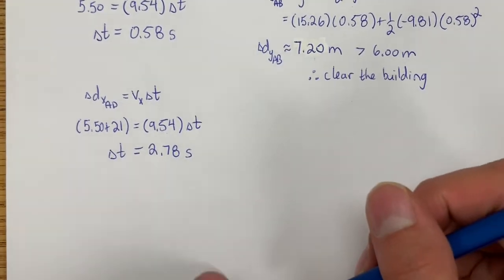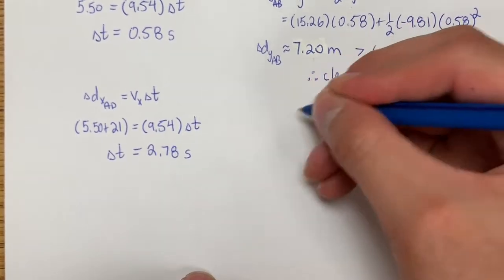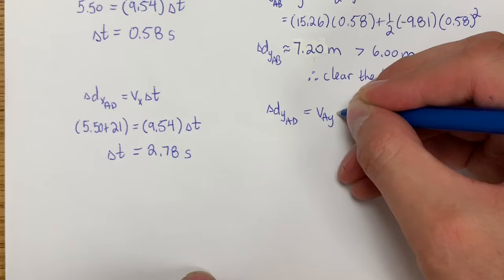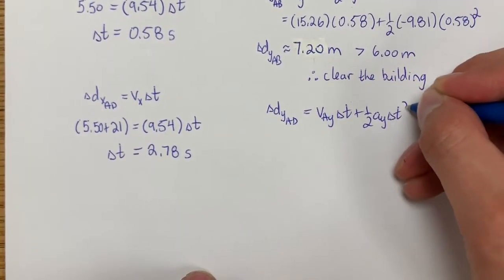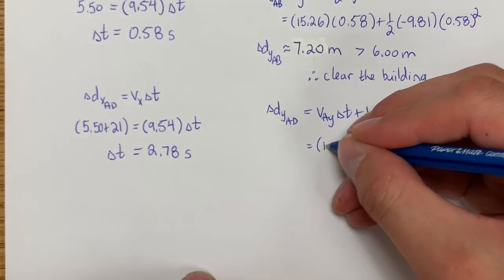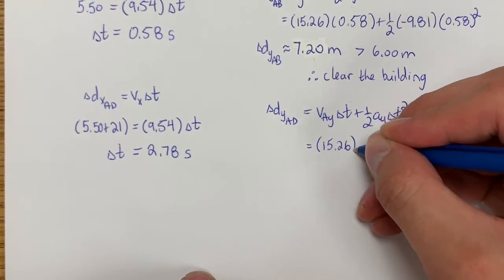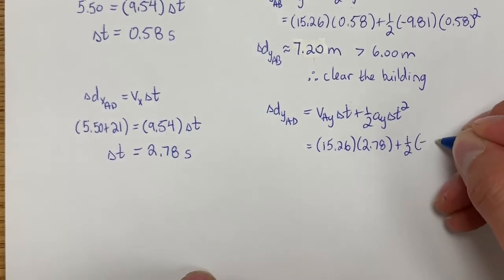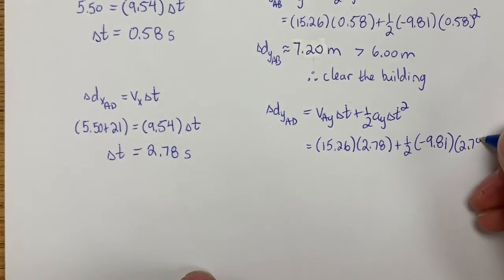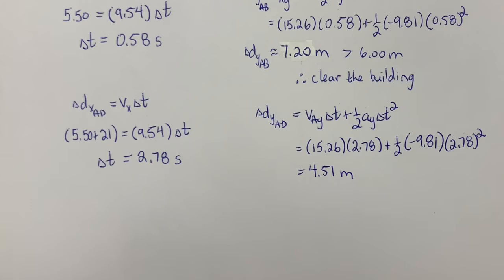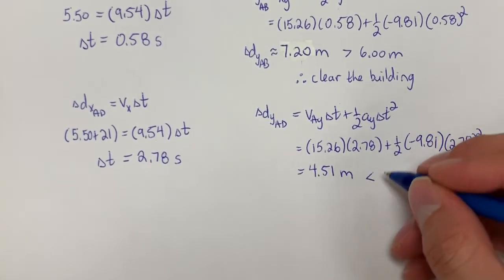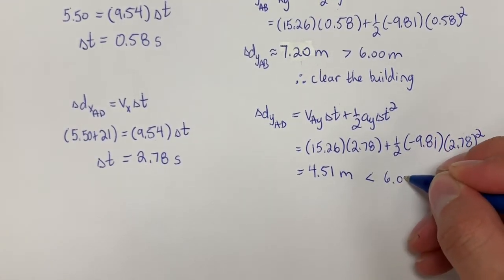Let's figure out how high we are in the air. This vertical displacement is 4.51 meters, which is less than the height of my building of 6.00 meters.